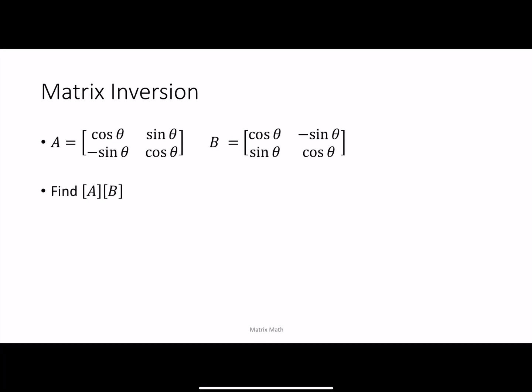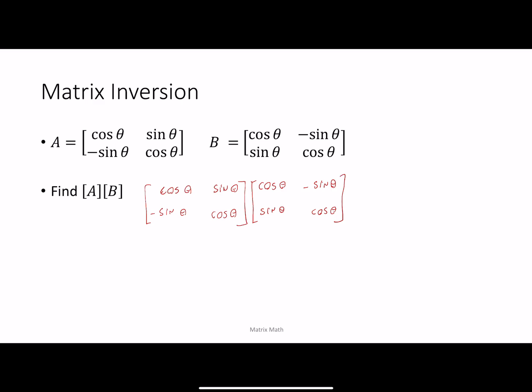We have cosine of theta, sine of theta, minus sine of theta, cosine of theta. And that's our matrix 1. And we're going to multiply this by this other matrix, which some of you might recognize as the transpose of the first, but let's just write it this way: cosine of theta, minus sine of theta, and sine of theta, cosine of theta.